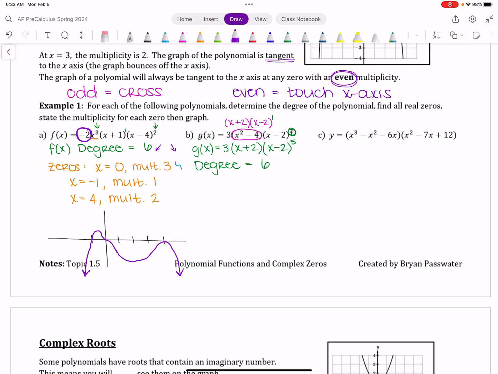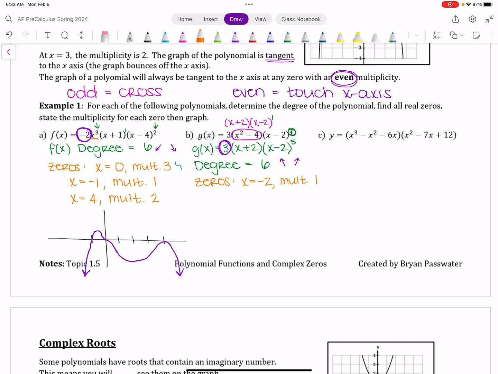And if we think about our leading coefficient here, it's positive, so unlike f of x, both ends are going to go up. Then looking at our zeros, we only have 2 of them. Our first one will be at -2, and it has a multiplicity of 1.